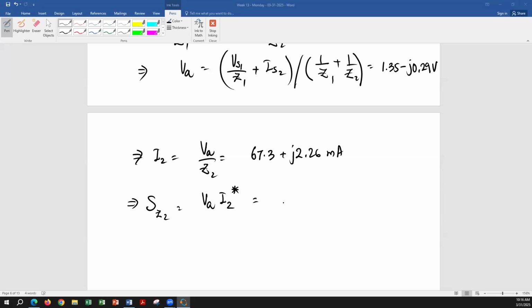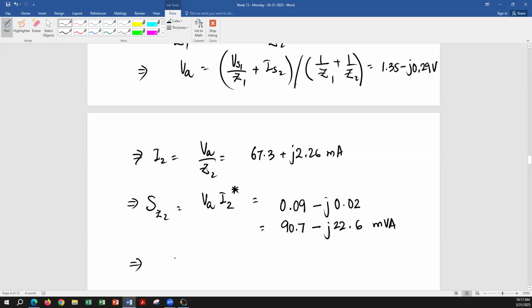And it is coming out to be 0.09 minus J 0.02, or we can write this in terms of milliwatt and millivolt ampere reactive: 90.7 minus J 22.6 millivolt ampere.